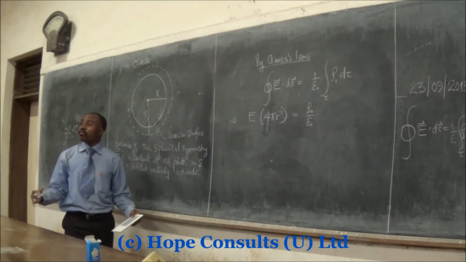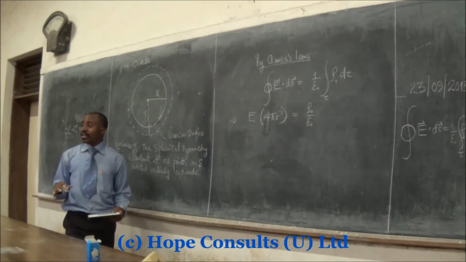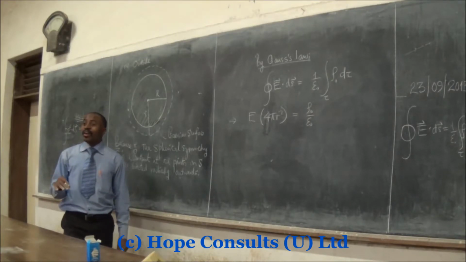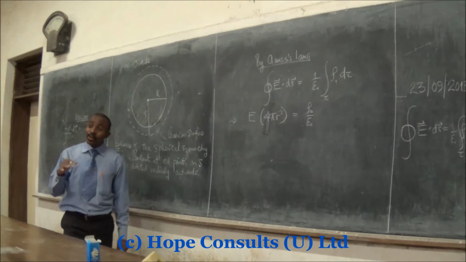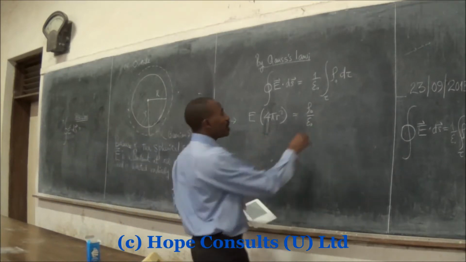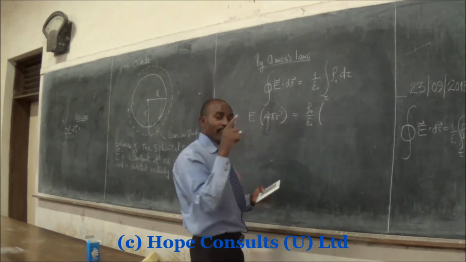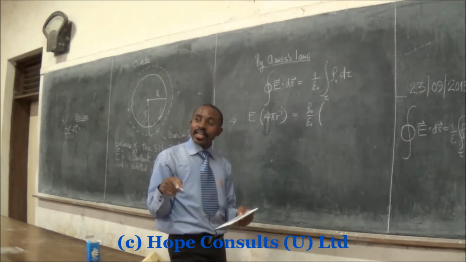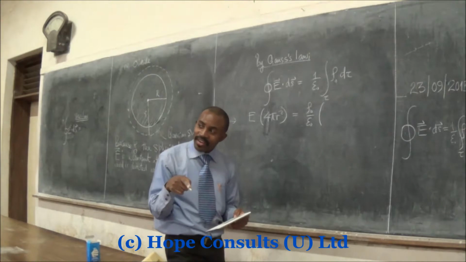So we are taking the volume of the whole tumor, only the tumor, because it is the tumor which is contributing the total enclosed charge. And that's why, when we came here, we said that it is the volume of the sphere made of the tumor.